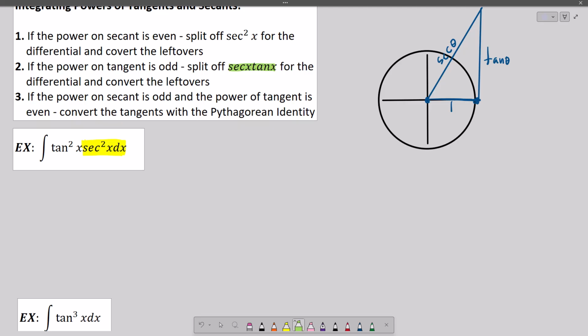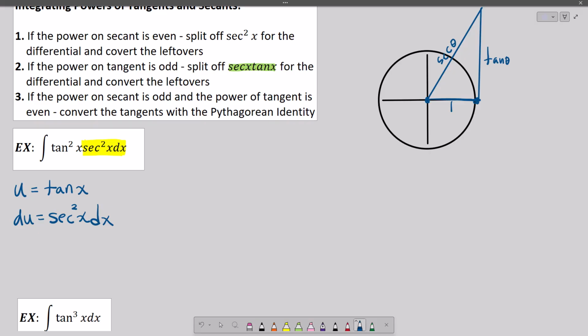All right? So let's finish this first one up. So we said we pull off secant squared, we group it with the differential, we're going to let u be the other function. We're going to let u be tangent. So let's see how that plays out. If we let u be tangent here, du is secant squared of x dx.